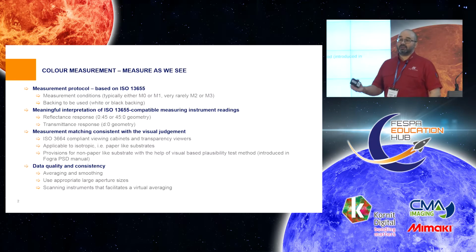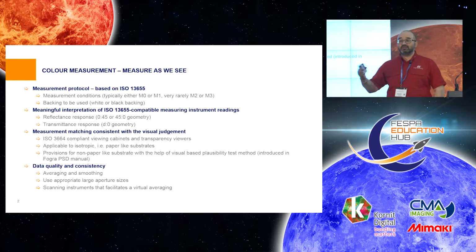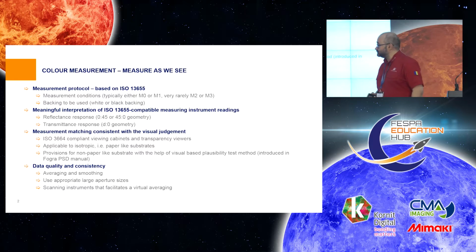This is a very simple test that we can do on our non-paper-like substrates in order to determine if our measurement protocol, including the geometry, the measurement aperture, the backing, the software used, and the mathematical algorithms made for computation, is consistent with the visual perception of the human observer.